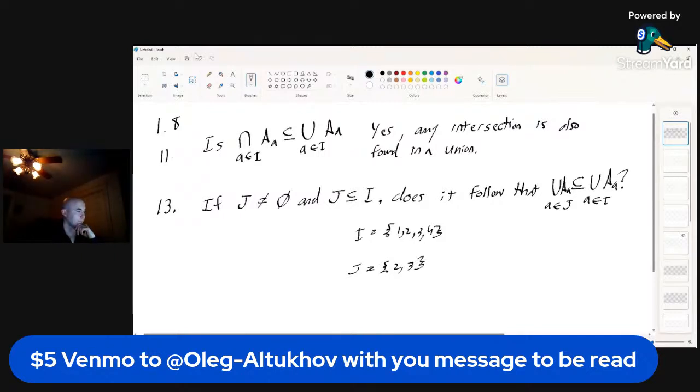So then does it follow that the union of A sub A is going to be a subset of the union of A sub A? I would say yes. For the intersection, it might not, because the J's would have to contain them all.